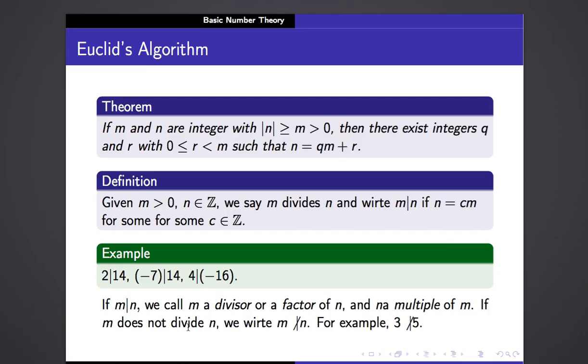If m does not divide n, we write this notation here. For example, 3 does not divide 5, so 5 cannot be written as an integer multiple of 3.